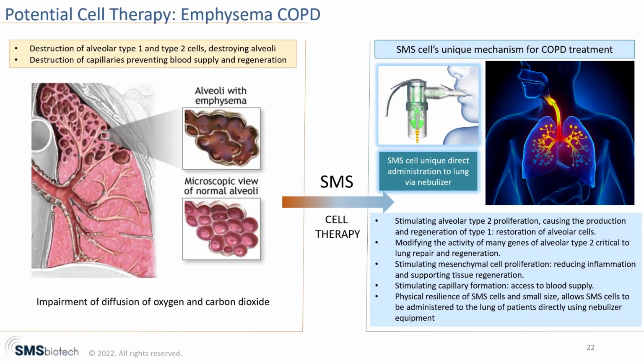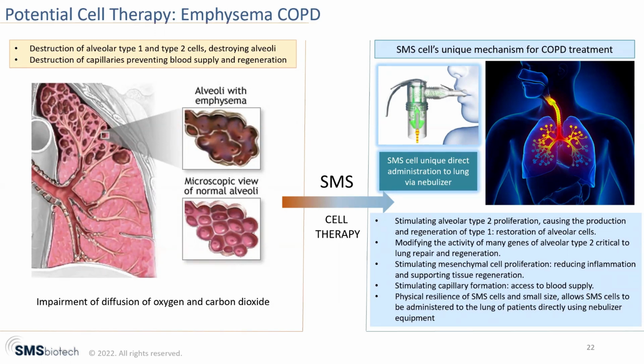We will stimulate alveolar type 2 proliferation and causing, therefore, the production and regeneration of type 1 alveolar cells, therefore restoring alveolar cells. We will modify the activity of many genes related to alveolar type 2 cells that are critical to various aspects of lung repair and regeneration.